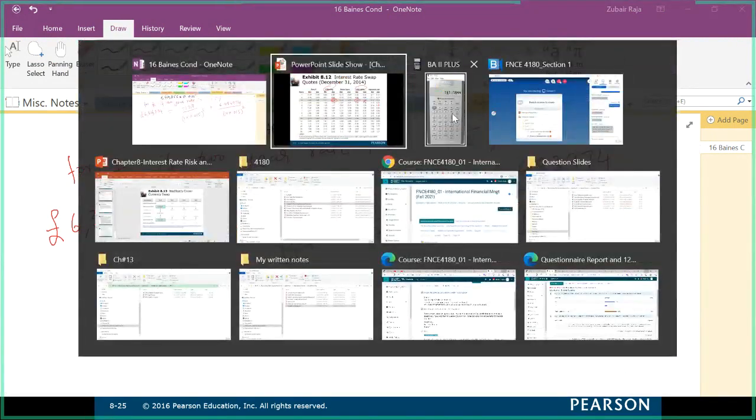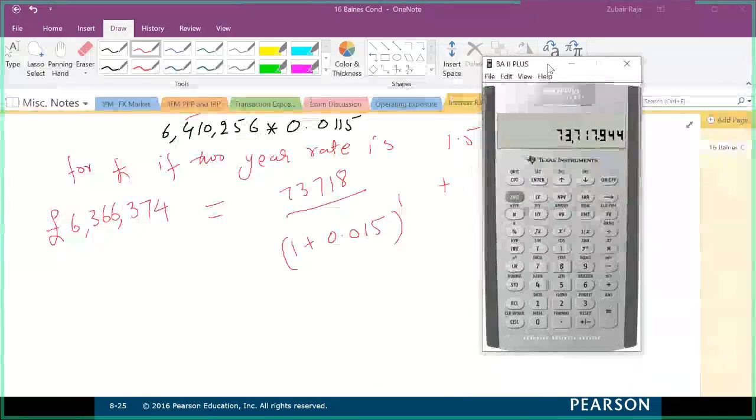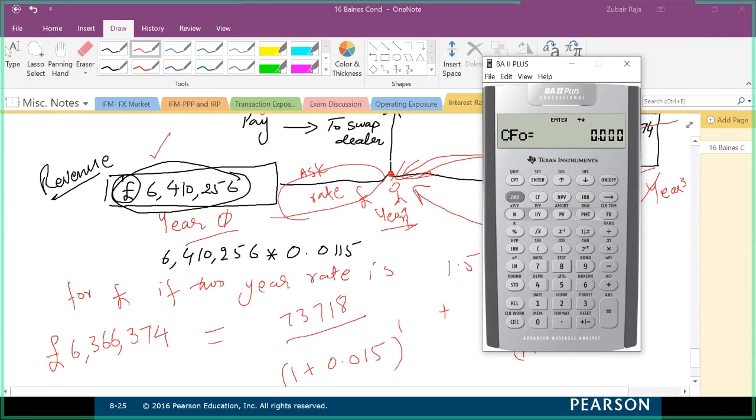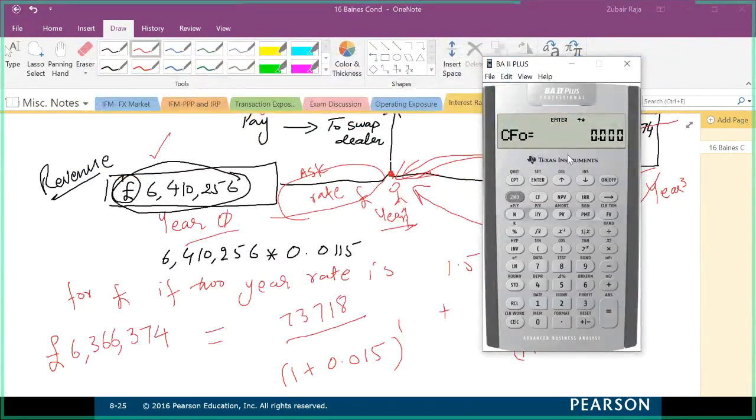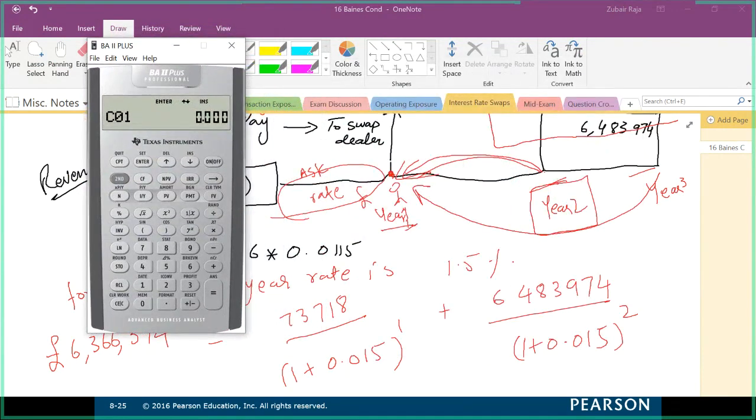Now, either you can do this manual calculation and find it over here, or if you have a BA II Texas Instruments calculator, it's very easy to do the calculation. Second cash flow, second clear, right? Now, the end of year 0, over here at the end of year 1, this will be CF0. Now, what is the first unique cash flow? The first unique cash flow will come at the end of year 2, which you have to discount.